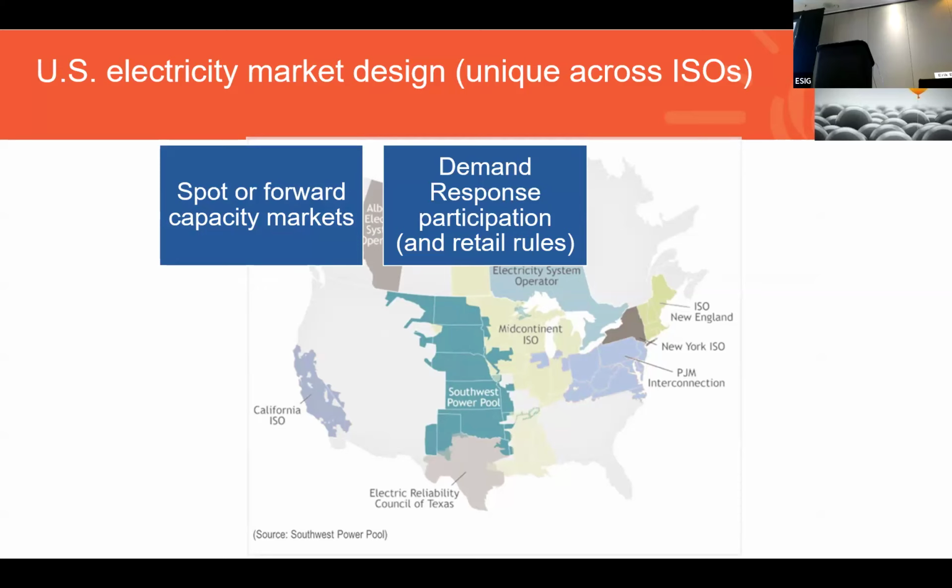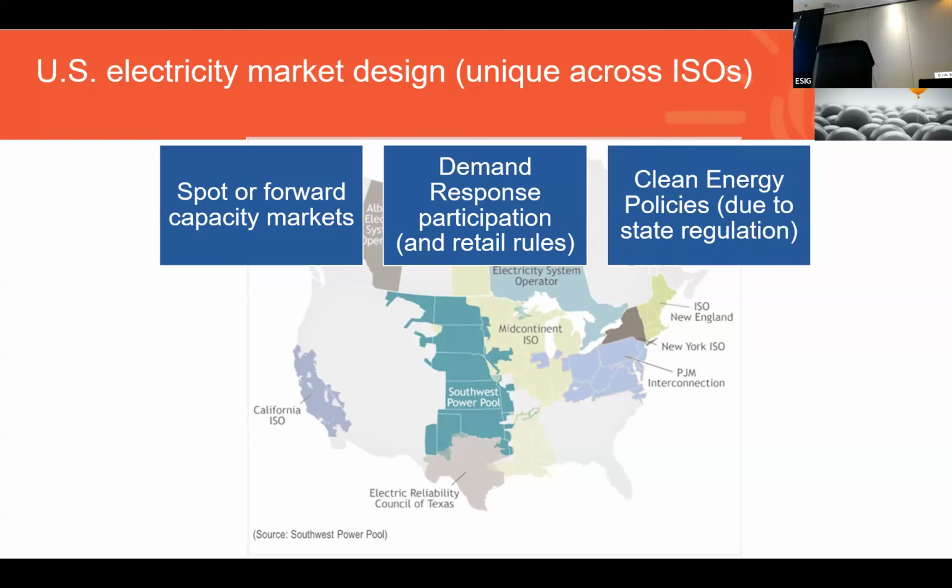There's a lot of differences, and the ways that these demand resources participate in the market can differ quite a lot across those regions. Clean energy policies: obviously, this is more of a state-driven difference than an ISO-driven difference, but different states have different policies and incentives for clean energy or for other technologies, and that has an impact on the electricity market decisions.